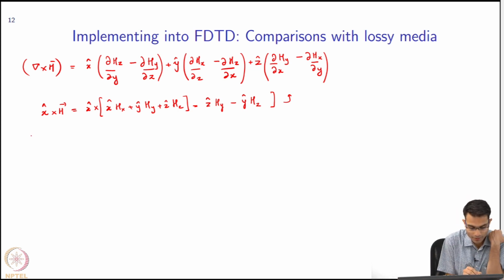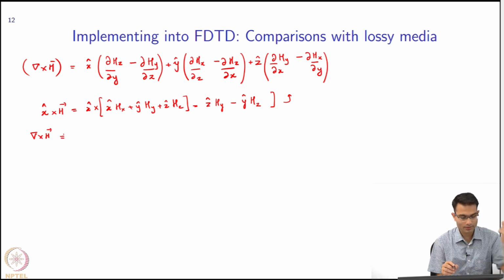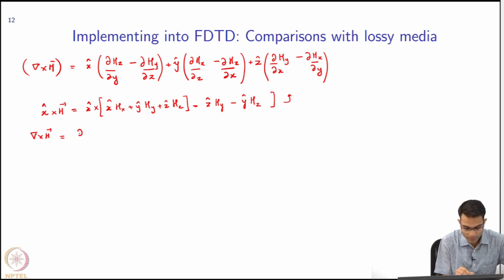So I can rewrite this like this. Curl of H I can rewrite now as del by del x, x hat cross H, which takes care of the del by del x terms.